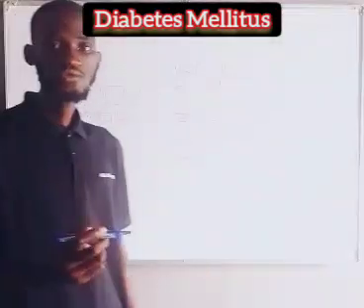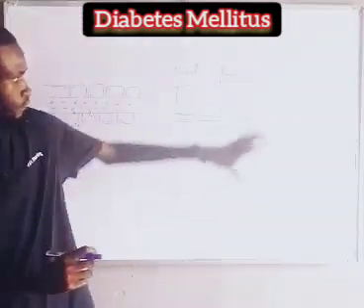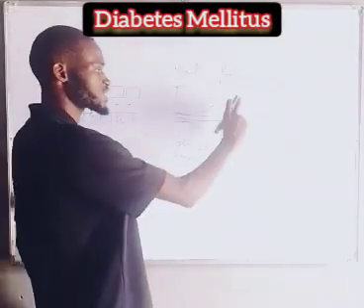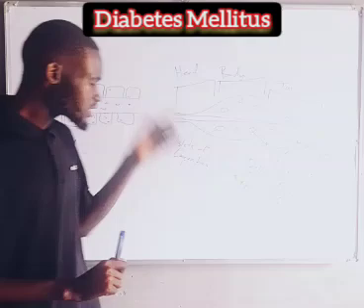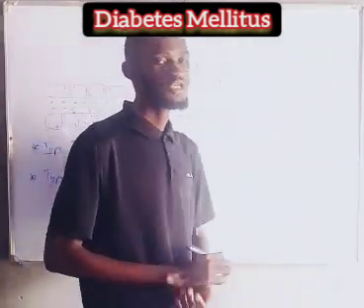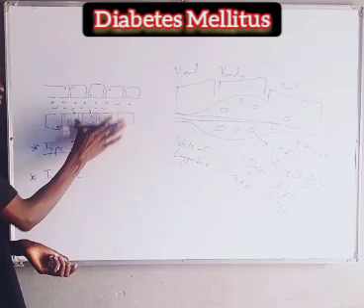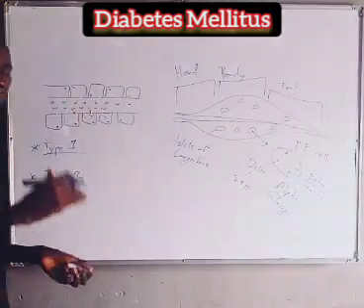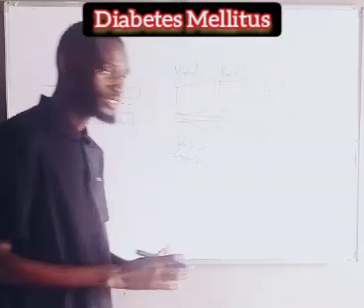Type 2 diabetes mellitus. So what about type 2 diabetes mellitus? In type 2 diabetes mellitus, we have a normal functioning pancreas. The pancreas is able to produce enough insulin. But unfortunately, these cells have gained resistance to the action of insulin.